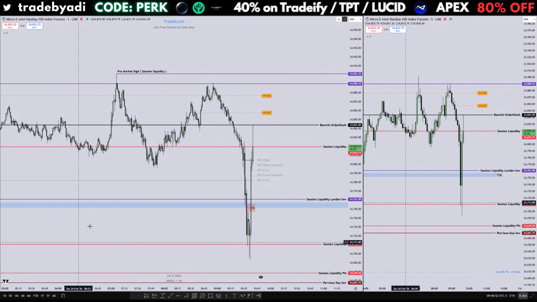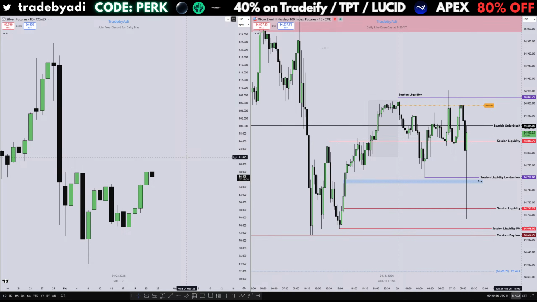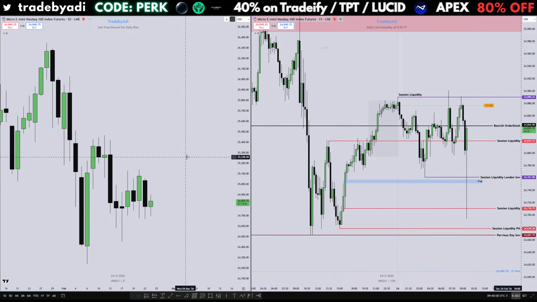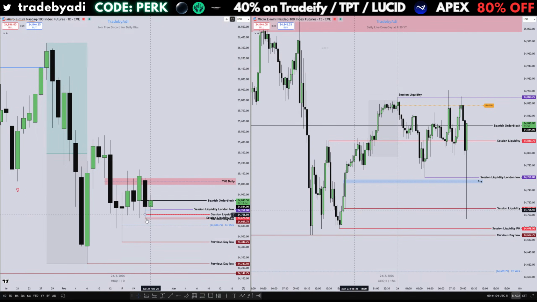Yeah, it has not taken out. ES has taken out the previous low. Check this. Look, ES has taken out this low, and Nasdaq has not taken out. So this is the SMT.